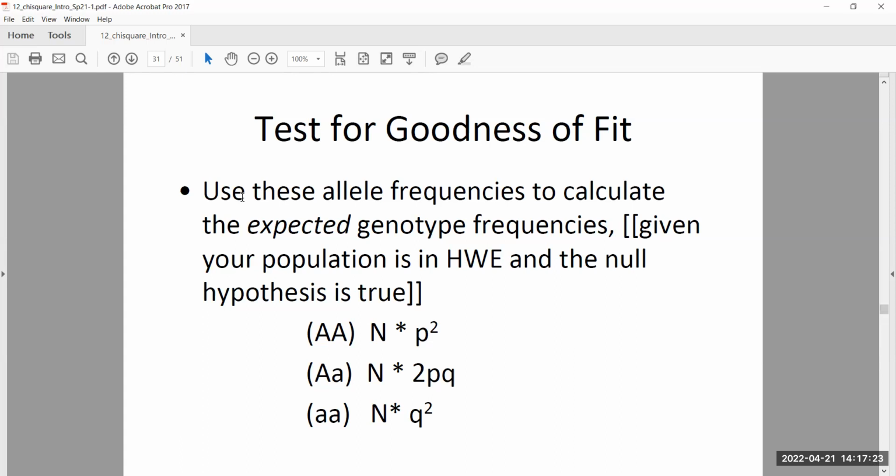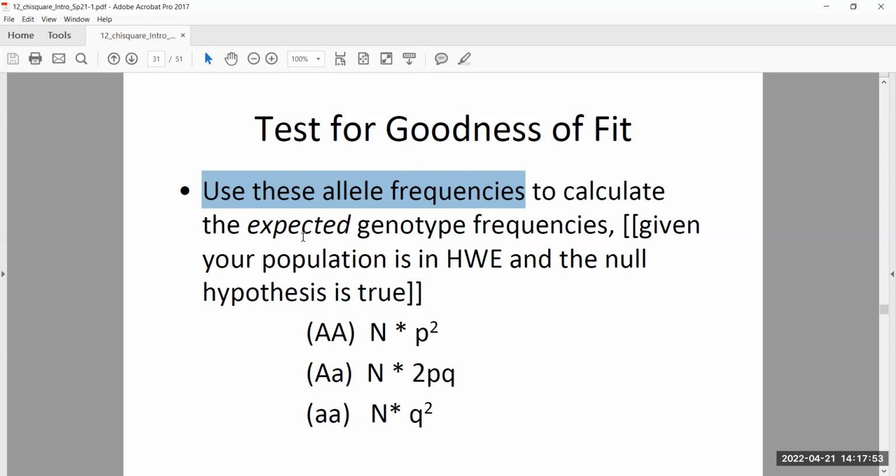All right, we're going to use the allele frequencies to calculate the expected genotype frequencies that they should have in their offspring. The expected genotype frequencies are going to be based on what would happen if nothing but random chance were happening. So we're going to take p squared, 2pq, and q squared, right?